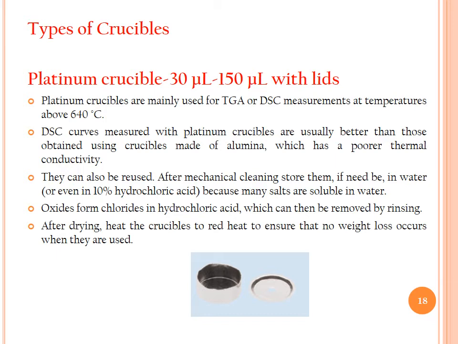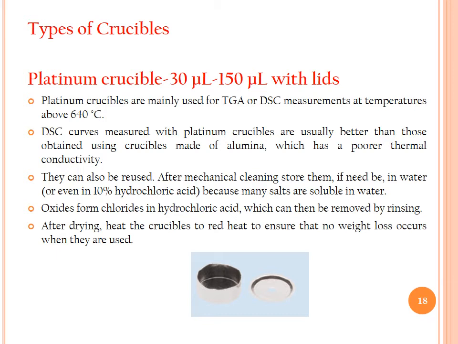They can also be reused after mechanical cleaning. Store them if need be in water, or even in 10% hydrochloric acid, which can be used for cleaning this type of crucible for reusing with other types of sample, to avoid contamination, that is called cross contamination, because many salts are soluble in water.